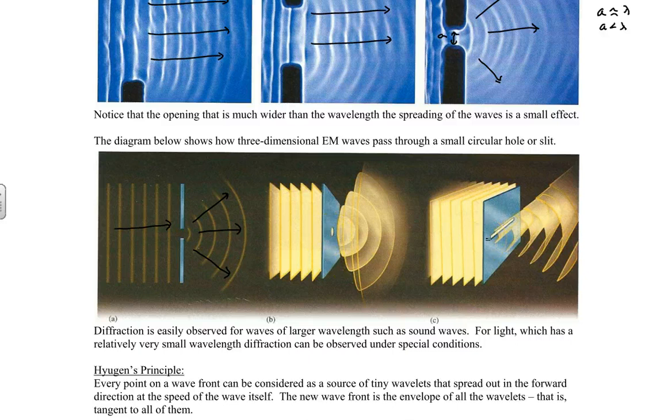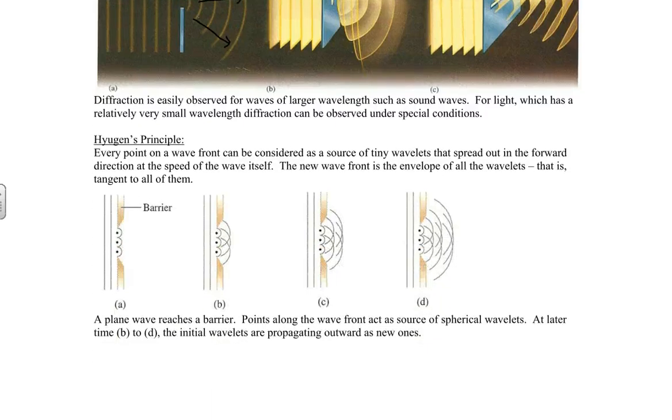Now there's a main theory that we should probably review called Huygens Principle, which is listed down below. Christian Huygens, a Dutch physicist, came up with this theory, and he said that every point along a wavefront can be considered as a new source of producing its own wavelets. So essentially, every part of a wave is an infinite source of new wavelets that spread outwards and produce their own waves.